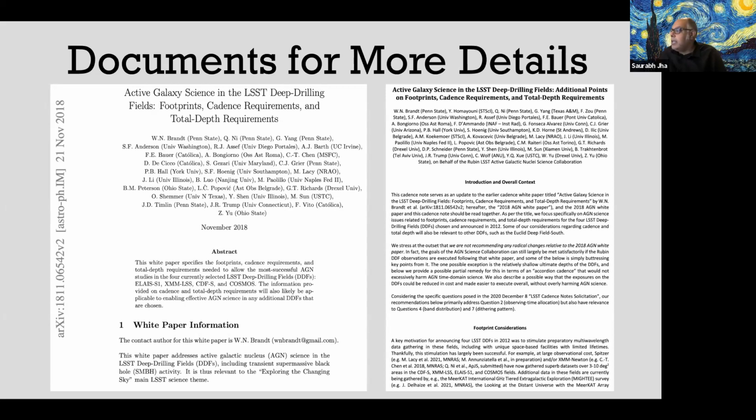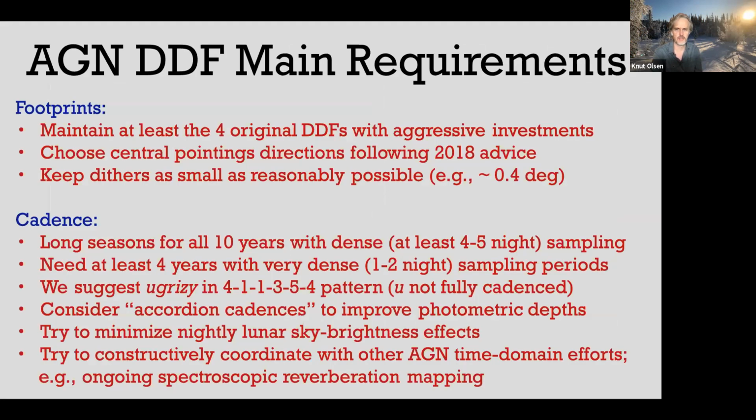Thanks, Neil. Any questions? Yeah, Knut? Yeah, so looking over the list on the previous slide, they don't really read like requirements, right? That if these things aren't met, then the science fails.